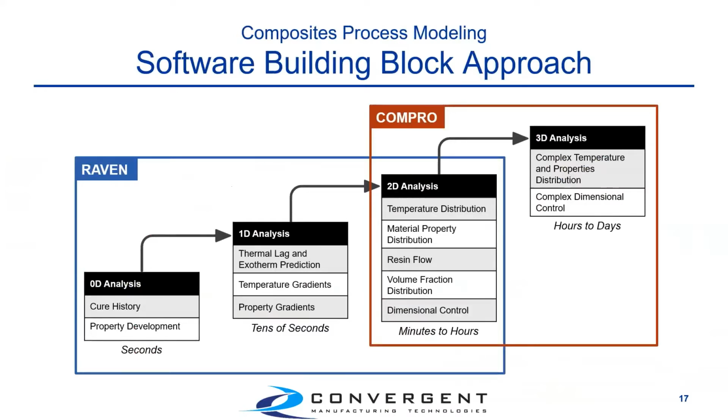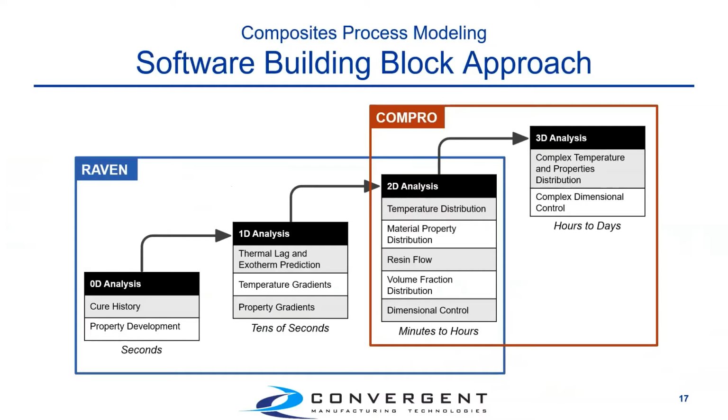The 1D analysis is a thermal drill-through analysis. You represent the material as it goes through the thickness, the tool and the part and the bag or breather on top of it. The reason 1D works well is that the gradients in a thermal problem are mainly through the thickness.